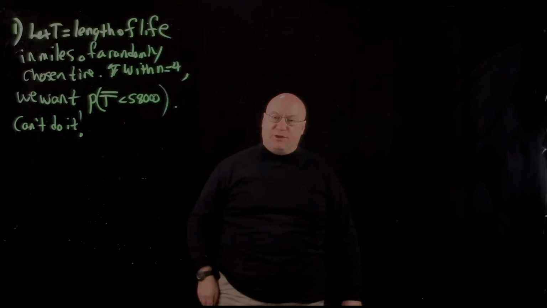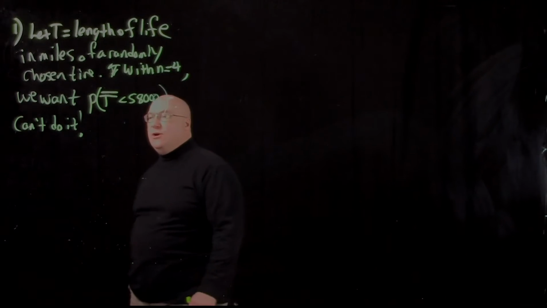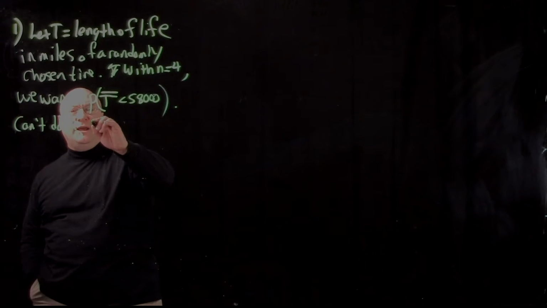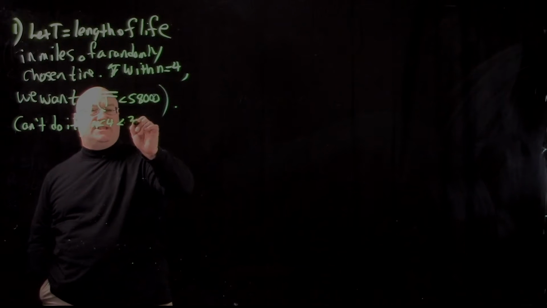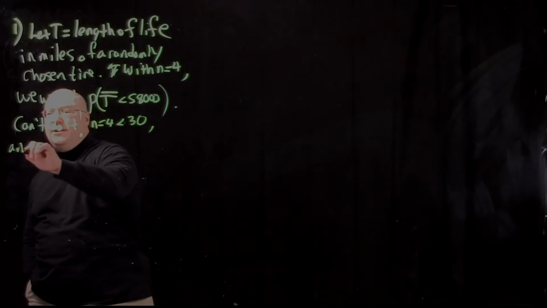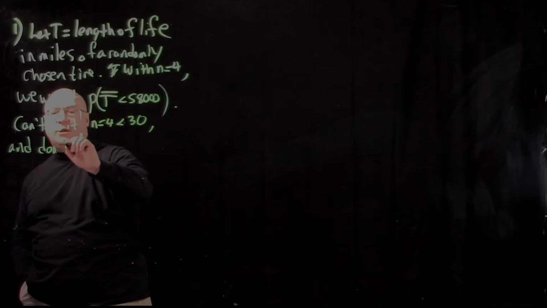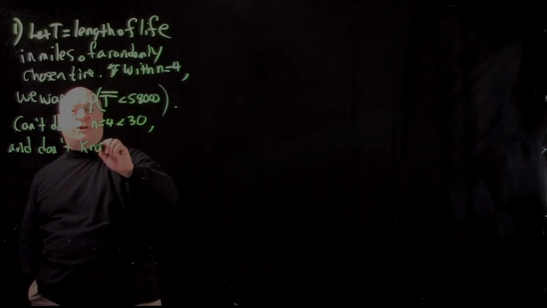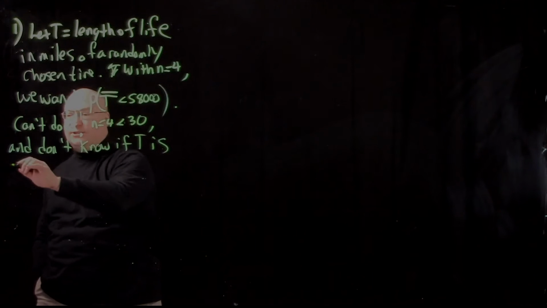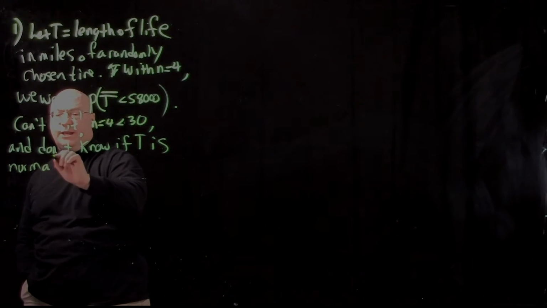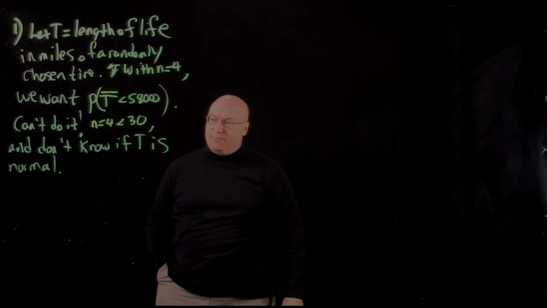We don't know that the original data has a bell curve to it. So we can't do it because n is too small. N equals 4, which is less than 30, and we don't know if T is normal. Just say it like that. If we knew that, we could proceed.